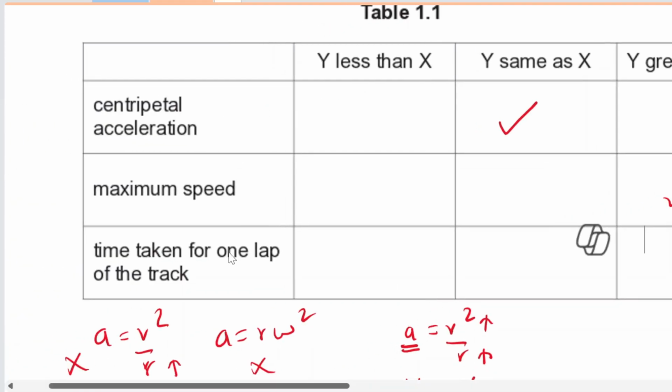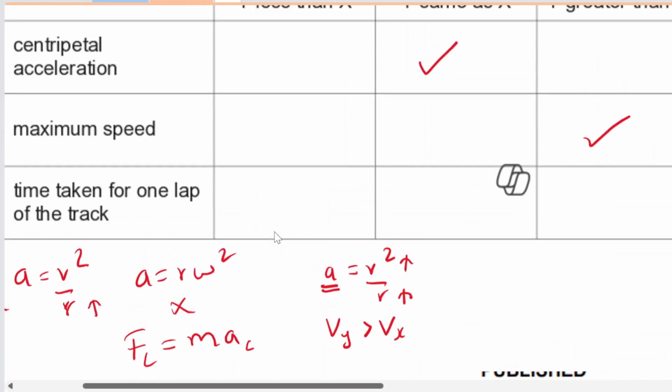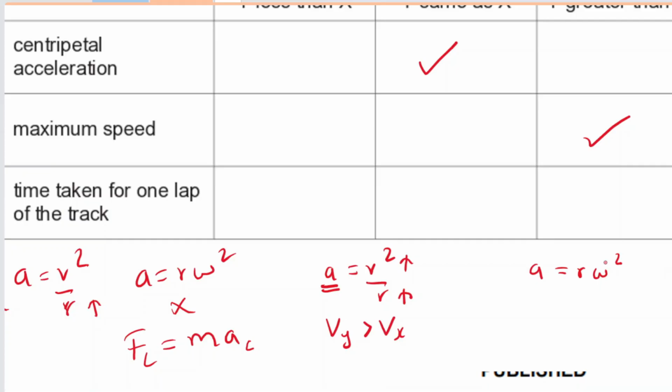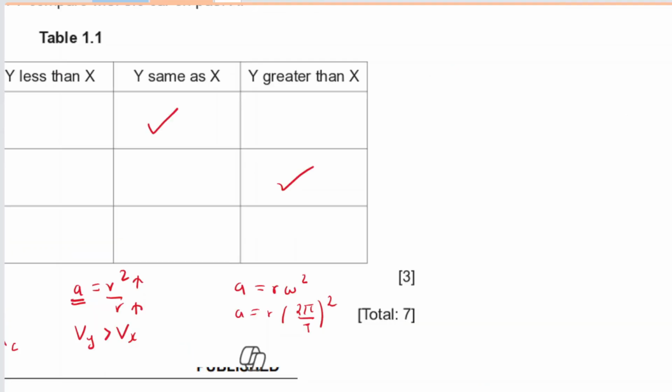And how about the time taken for one lap of the track? When they say one lap, this is the period time. So in fact, what we will do here is use this formula this time. a equals r omega squared, and omega is equal to 2 pi divided by the period time. So a will be equal to r times (2 pi divided by period time) squared. So let's make t the subject in this equation to know what's going to happen to the period time.